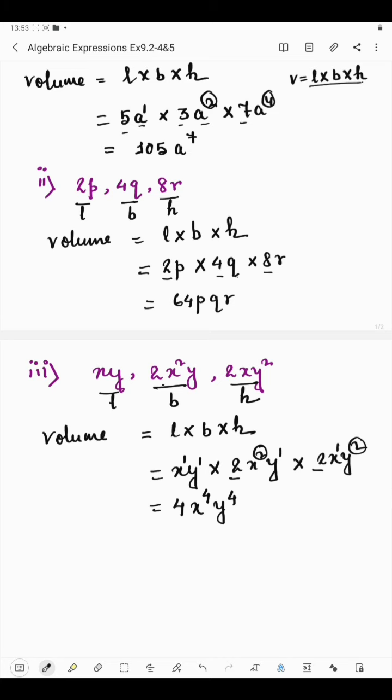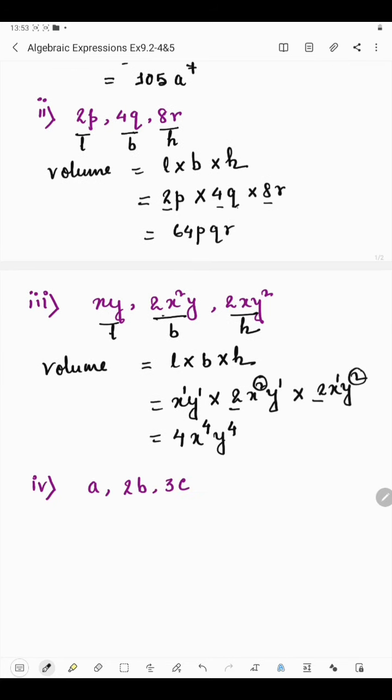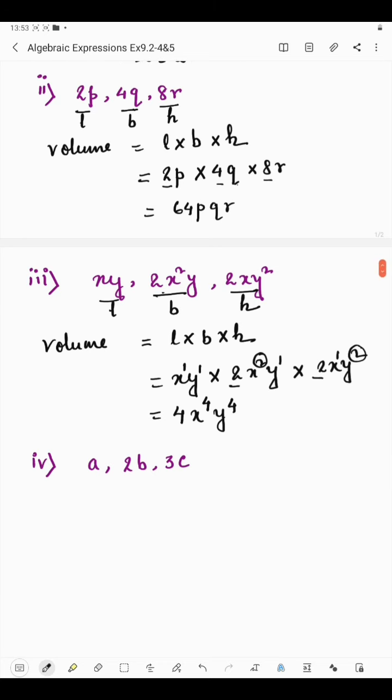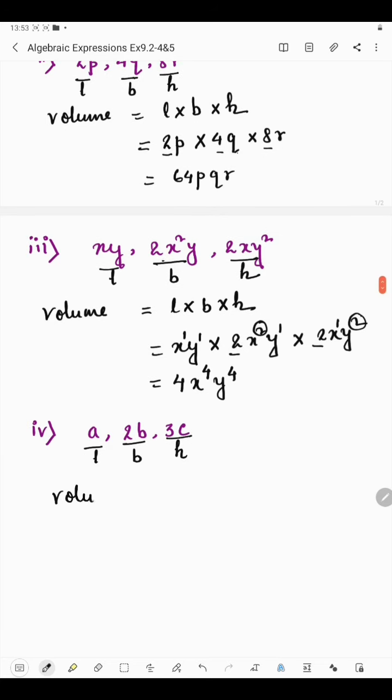Now in the fourth part we have a, 2b and 3c. Here the first one is length, the second is breadth and the third is height. To find the volume we need to multiply these three: volume is length into breadth into height. Here length is a, breadth is 2b and height is 3c.